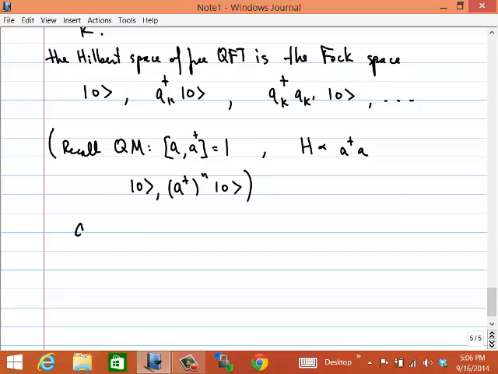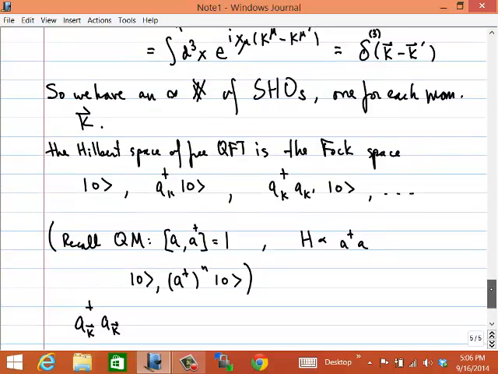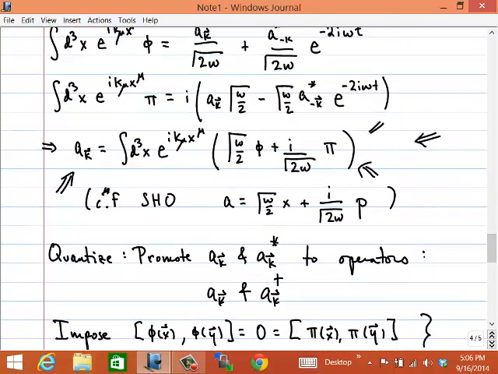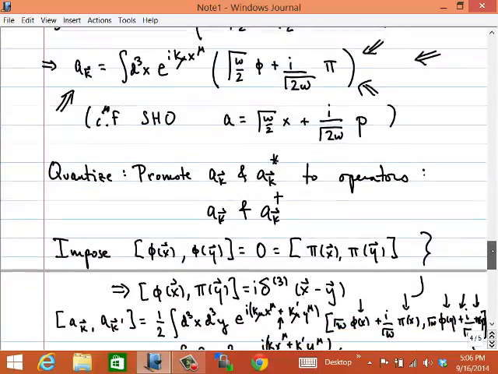So in particular, let's just go ahead and consider this quantity, a_k dagger a_k. What was a_k? You just use this expression here. It's the integral d^3x of e^{ikx} times phi plus i pi.